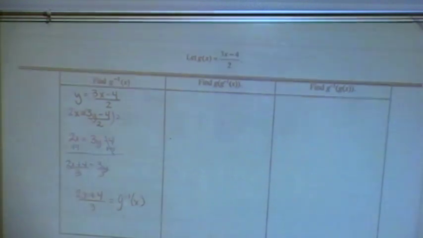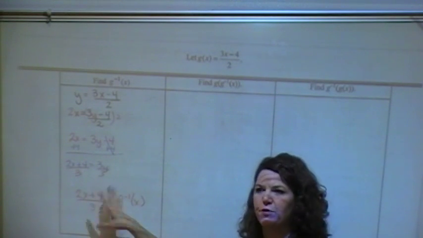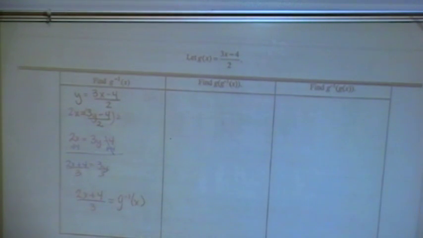Okay. Y'all get what I got? If you wrote it as 2x over 3 plus 4 over 3, that's fine too. It's the same thing. We all good?